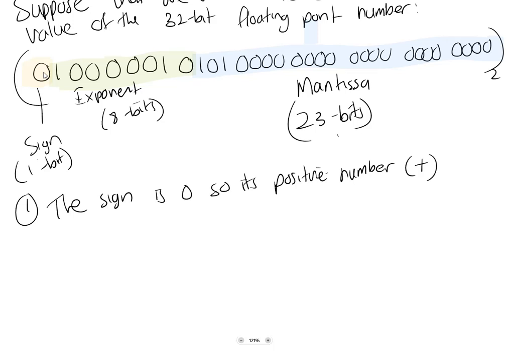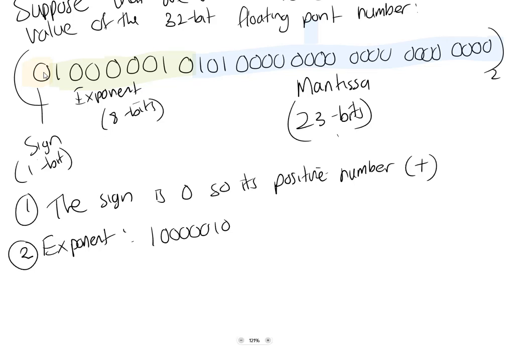Now let's look at the exponent. The exponent is this part here: 5 zeros and a 1 0, so that's 8 bits in total.